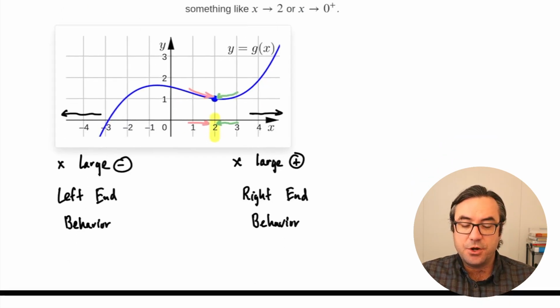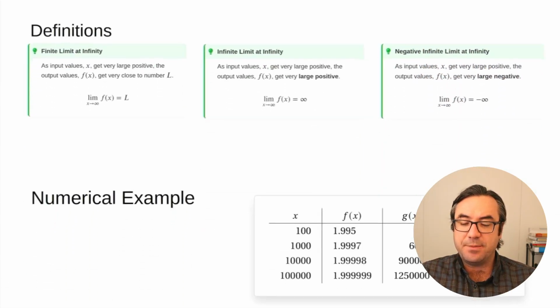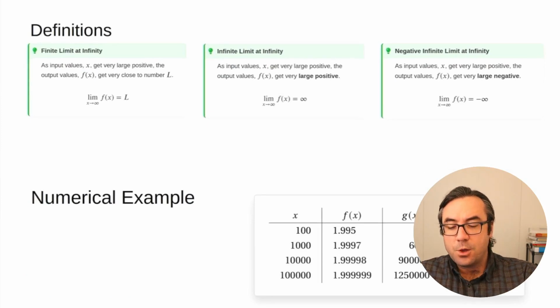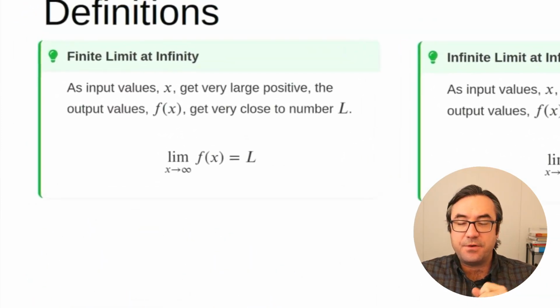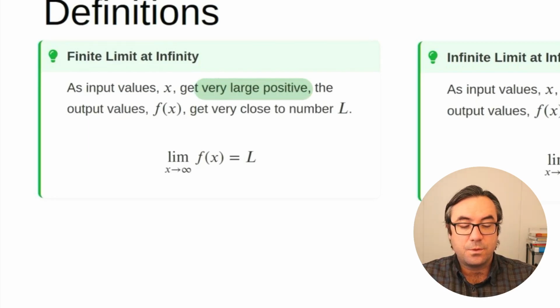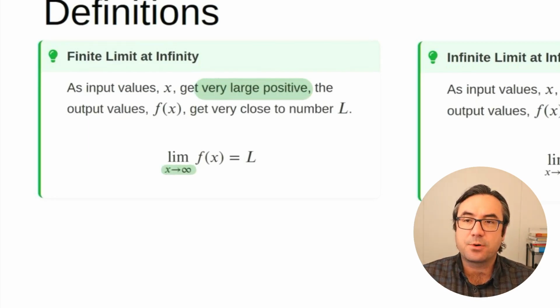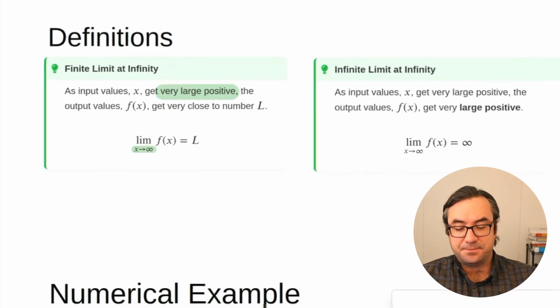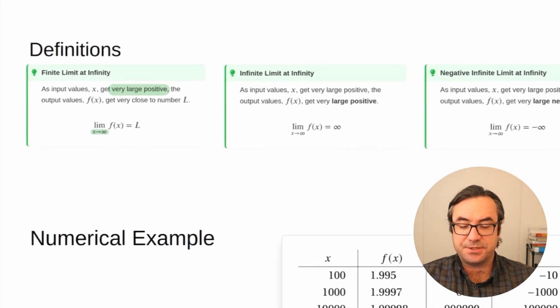So what is the notation for this new type of limit? Well, to denote if we're going to let x get large positive, the way we're going to denote this is x is going to be approaching infinity. And there's kind of three options.